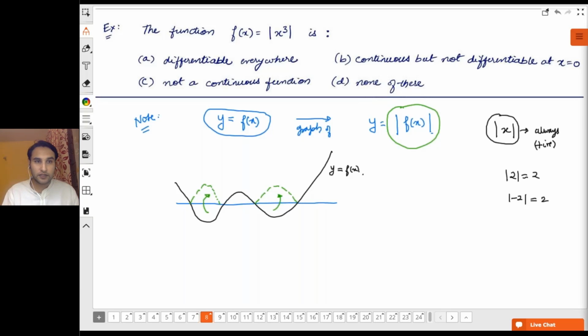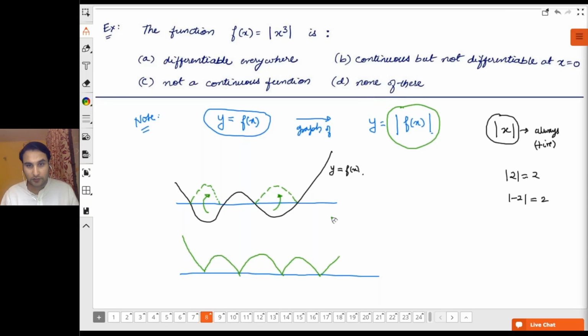So if I plot it again, the graph of y is equal to mod of fx will look like this. This portion will remain as it is. The portion which was already up stays, and this portion also came up. If these points were A, B, C, D, this is how the graph will be.